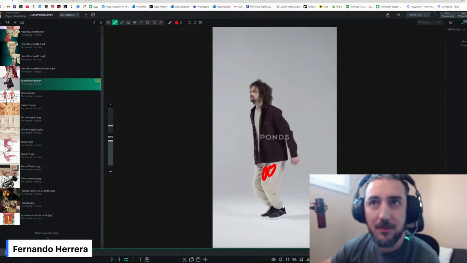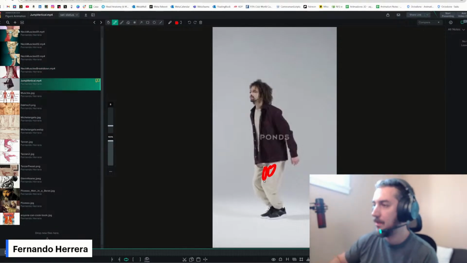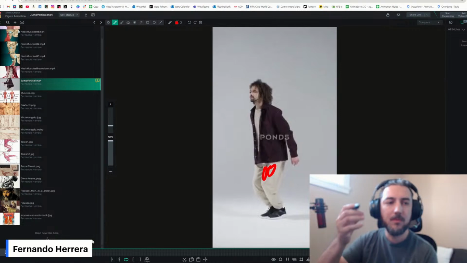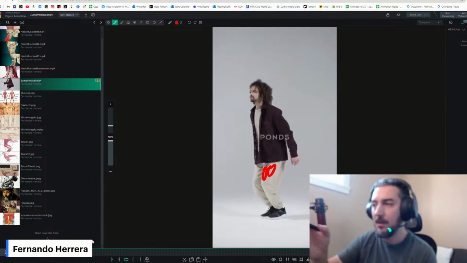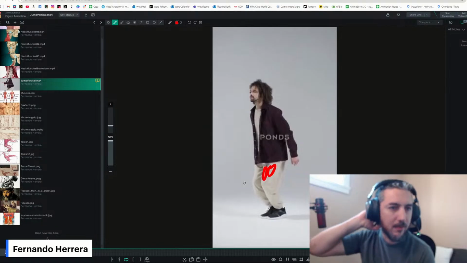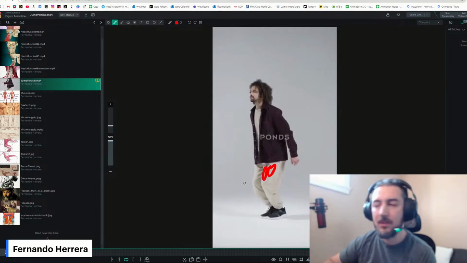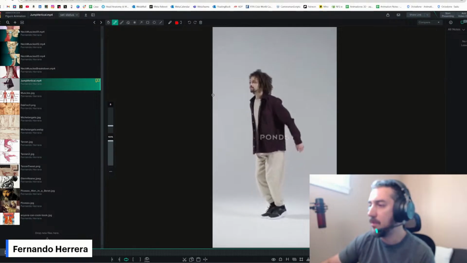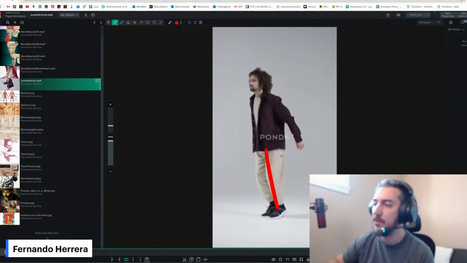Okay, so thinking about this example, the reason why we think about where the movement comes from is that we start to keep in the back of our heads why something is moving the way it's moving, and why, for example, in a jump it's important to have this pose, which is the extended leg.